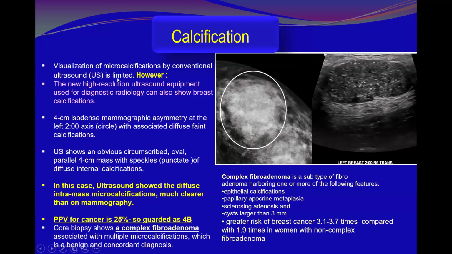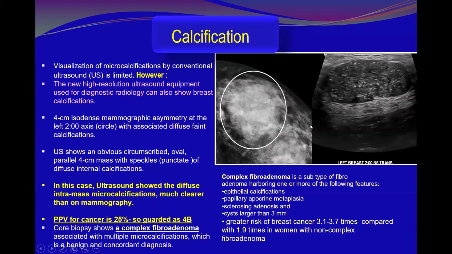Here we can see a large focal asymmetry in this part of the mammogram, demonstrating some fine calcifications. The corresponding ultrasound demonstrates a 4 centimeter oval, circumscribed mass with diffuse punctate calcification, intra-mass calcifications diffuse throughout the mass.